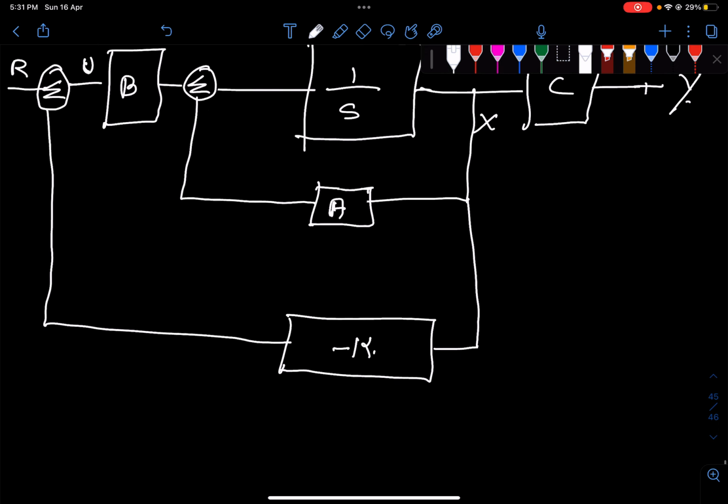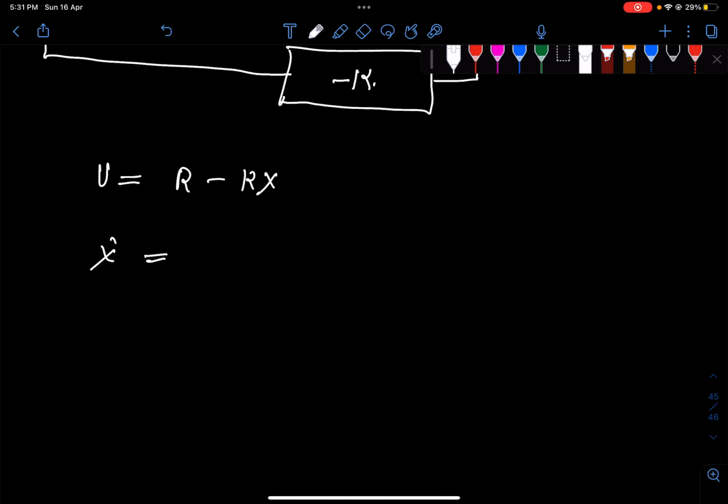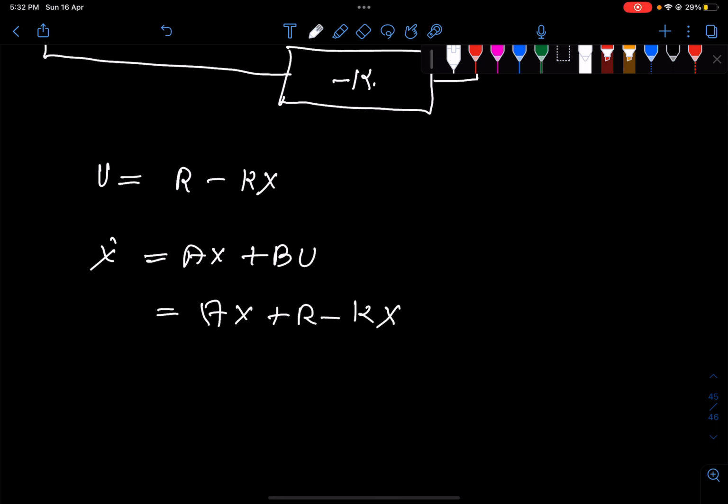So what is u here? New u is r minus k times x. What was our state equation? x dot equals ax plus b times u. So u will be substituted with r minus kx. That will be b into r minus kx.